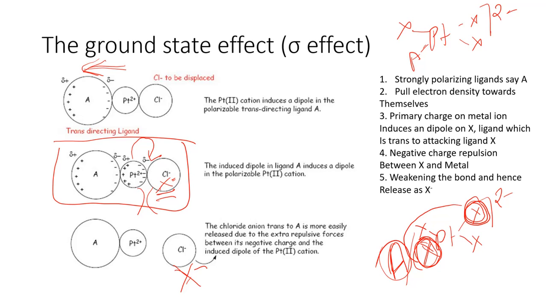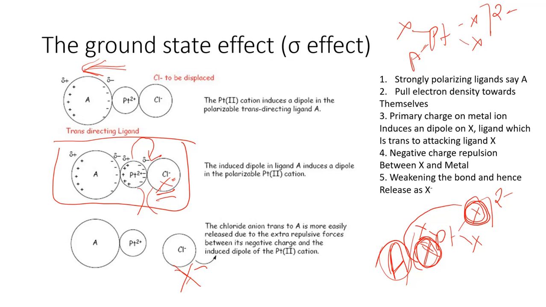When it pulls the electron density towards itself, the primary charge on the metal ion induces a dipole on the ligand which is trans to A, or opposite to A, and therefore a negative charge has been induced over the central metal atom. Due to this induced negative charge, there would be repulsion between the central metal atom and the ligand which is trans to the attacking ligand. So the trans ligand is replaced due to the repulsion.